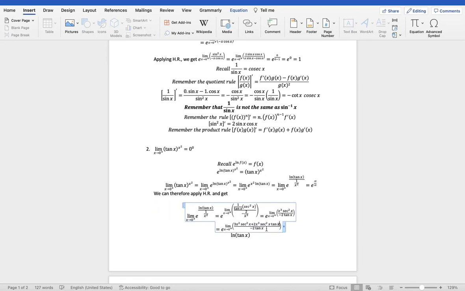Right. What about the denominator? What's the derivative of 2 tan of x? This one should be negative 2 sec squared x, I think. Yes. So negative 2 sec squared x.